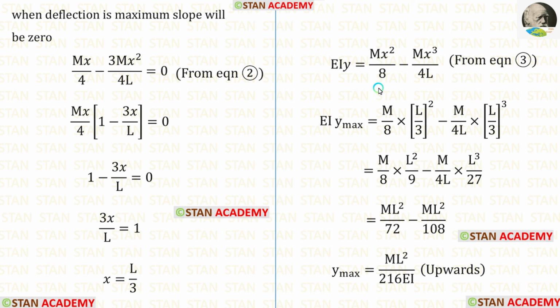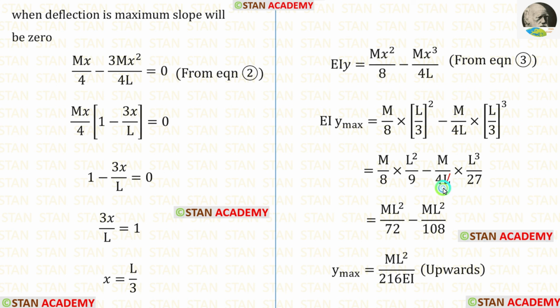To find out the maximum deflection, in the deflection equation, let us apply L upon 3 instead of x. L upon 3 the whole square, we will get L square upon 9. L upon 3 the whole cube, we will get L cube upon 27.